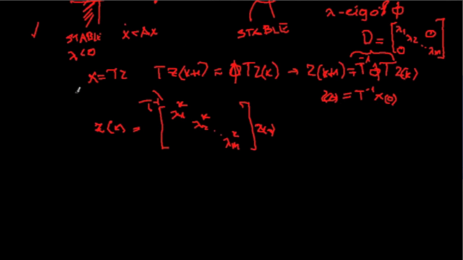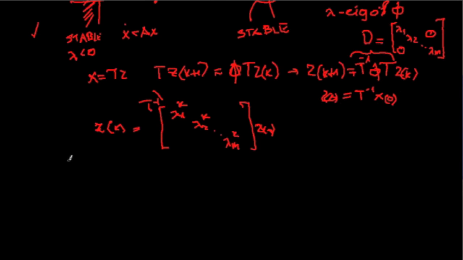Okay, now let us look at how we can calculate this transformation T. Obviously, if we have a transformation, we can easily obtain direct knowledge about the system stability by checking the eigenvalues of the matrix phi. But in order to obtain these eigenvalues, we have to find the transformation T, and let us do a simple example.